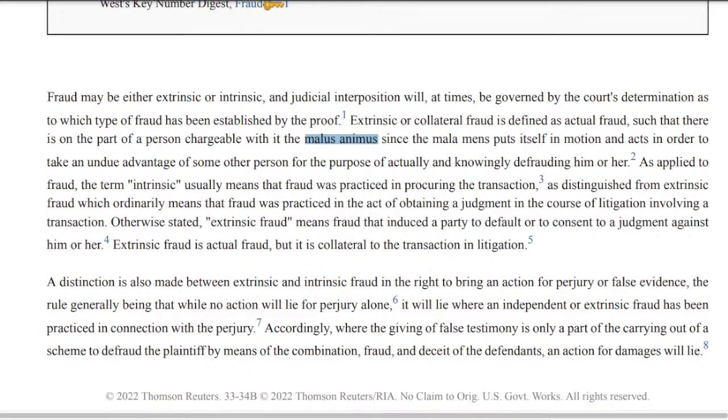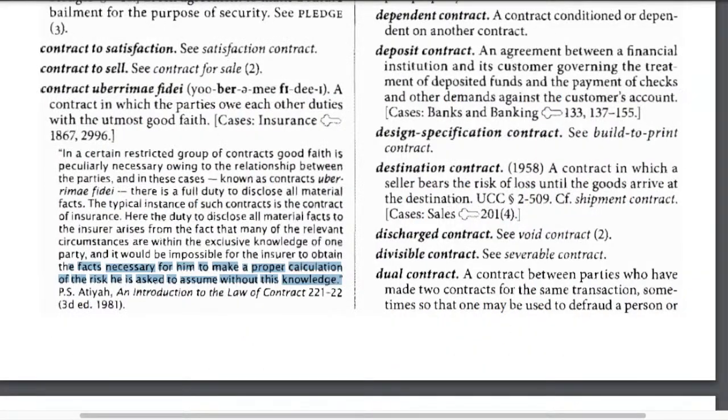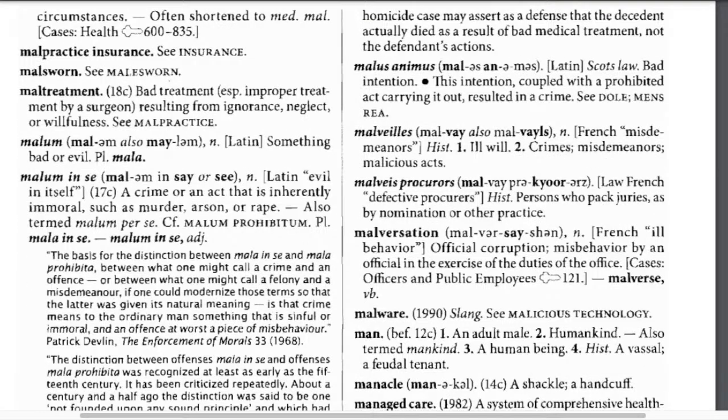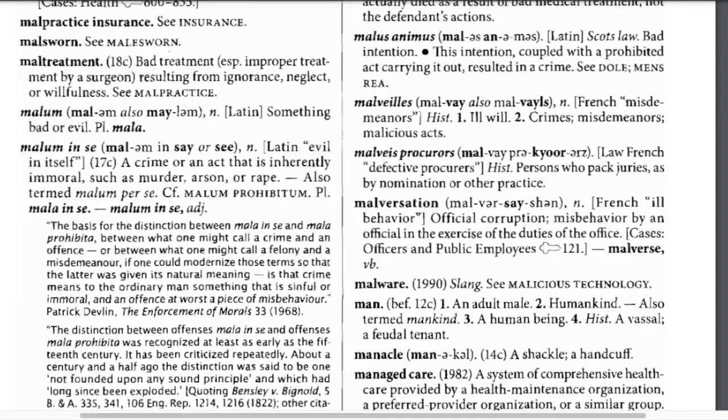Let's go to this, 1073. Malus animus, where is it?